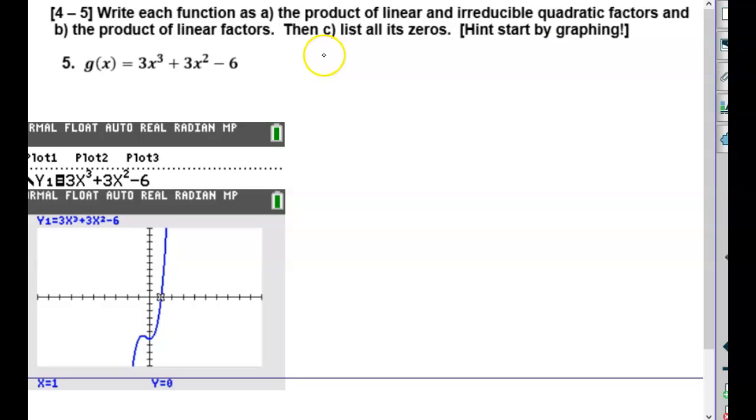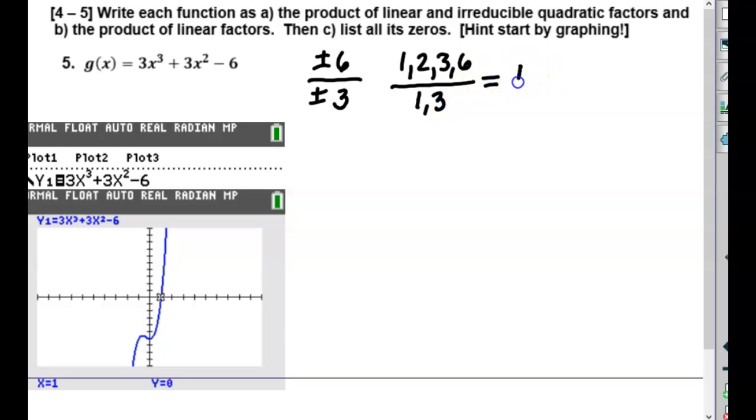Let's practice what we did yesterday. Plus or minus the factors of the constant over plus or minus the factors of the leading coefficient. What are the factors of 6, guys? 1, 2, 3, and 6. The factors of 3 on the bottom are 1 and 3. So what is that complete list?